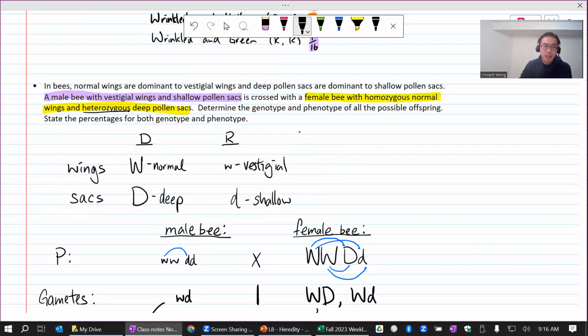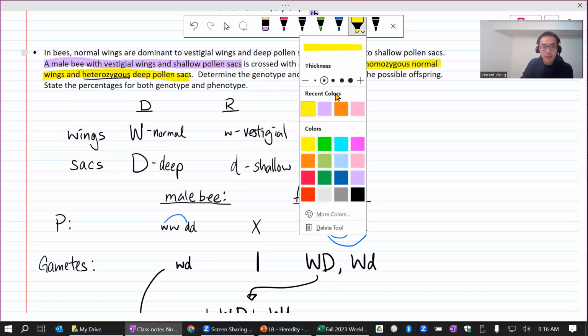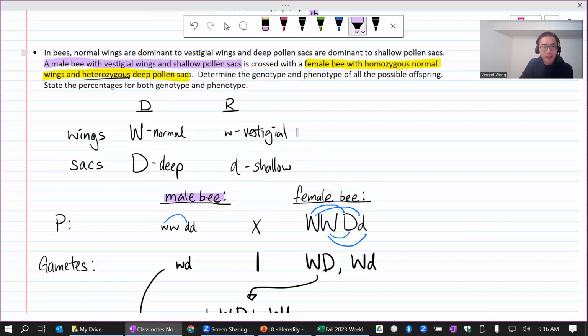Okay, great. So then here, the male B. The description for the male B is right here. It says the male B has vestigial wings. Since vestigial wing is a recessive trait, it has to be little w. There are no other possibility.